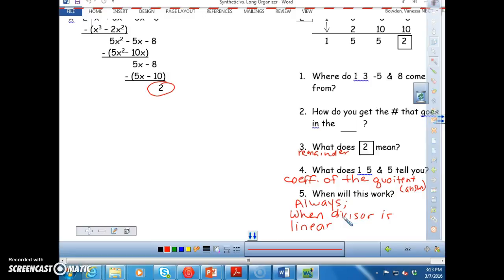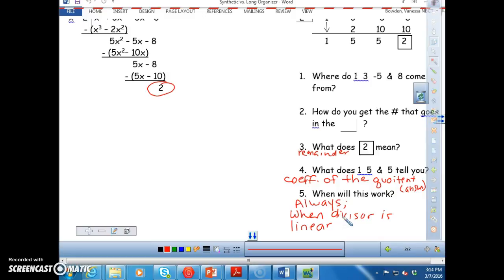If we wanted to divide by x squared plus 3 or something like that, we cannot use synthetic division. If we wanted to divide by x cubed, I can't use synthetic division. I can only do it when the divisor is linear, which means the x has an exponent of 1. That would be the only pitfall.